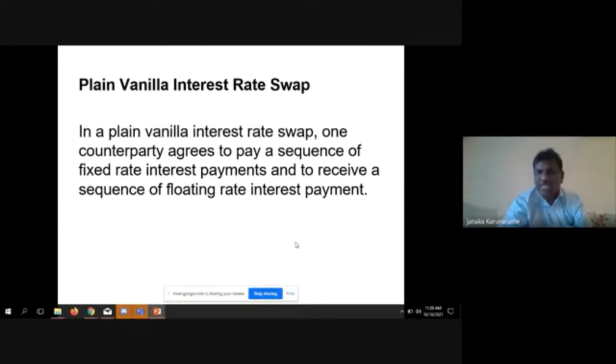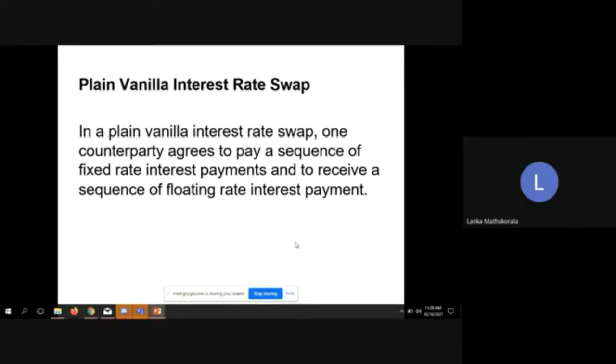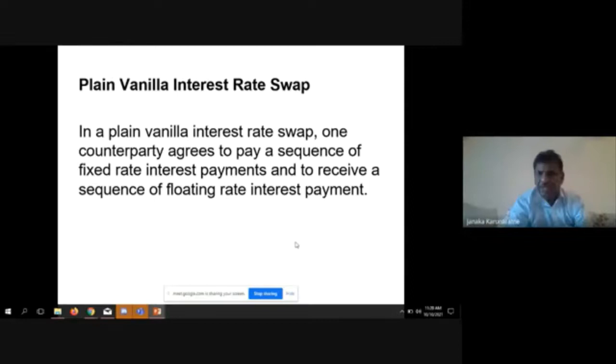I know loans are there, but I am asking whether banks offer floating rate deposits. Anybody's bank offering a floating rate deposit? I think most of our banks offer fixed rate deposits, isn't it?